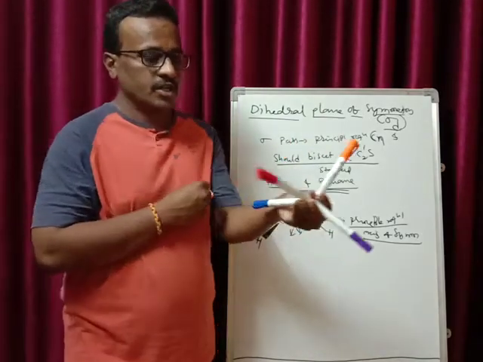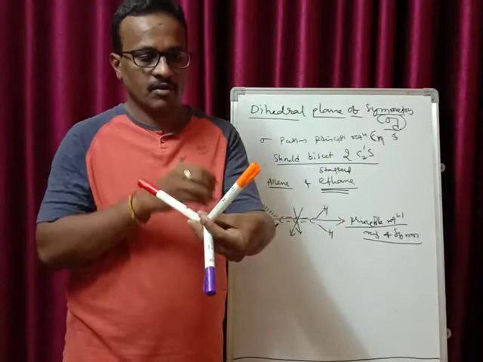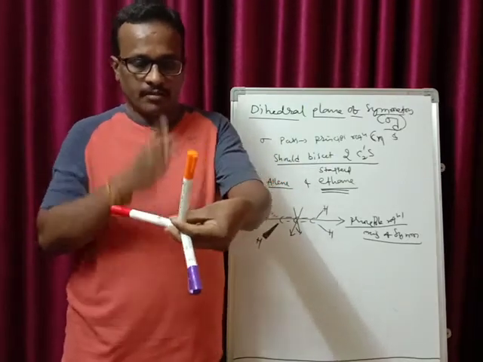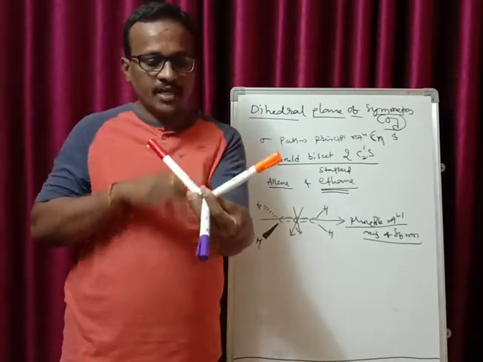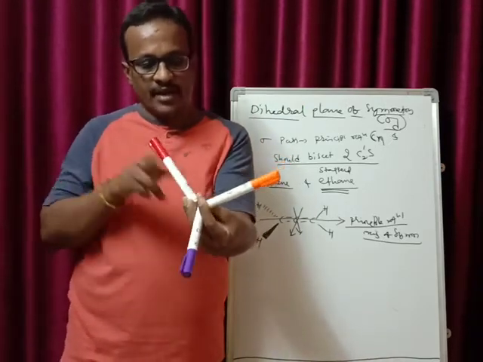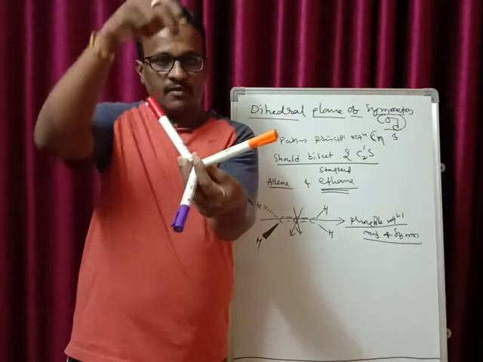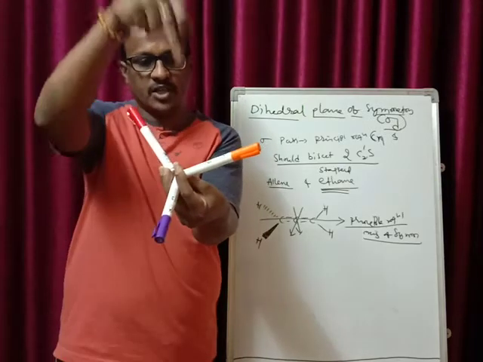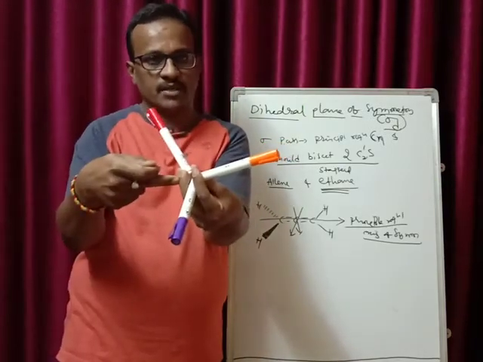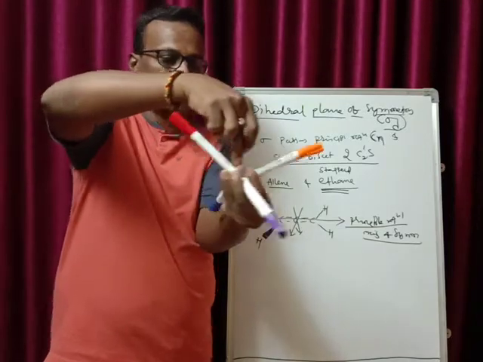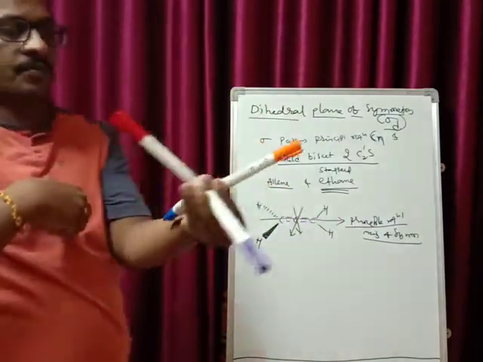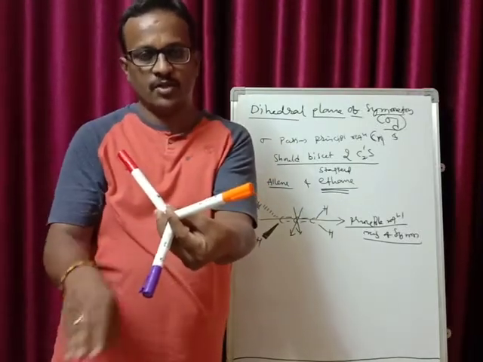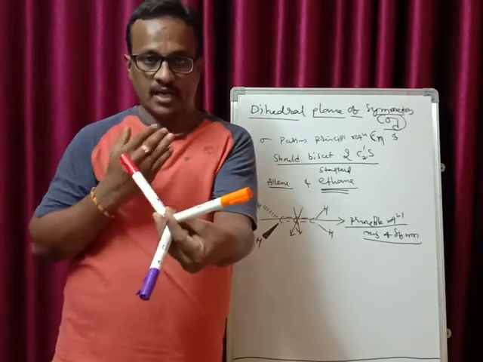Now, on rotation by 180 degrees, if you look at this particular molecule, you can see that I'm holding it in the form of an X. I'm not holding it perpendicular in this way. You can see that you have an X shape over here. One axis passes from here, the other axis passes from here. That is, one C2 will be passing from here, the other C2 from here. If the first C2 is passing like this and rotating 180 degrees, you can see this is towards your right, this is below the plane towards your left hand, and these are away from you.